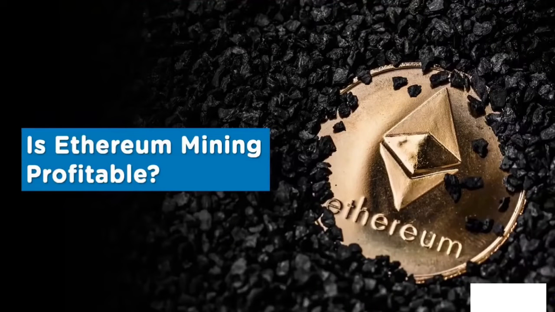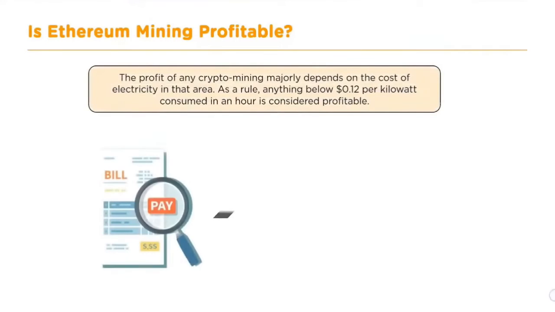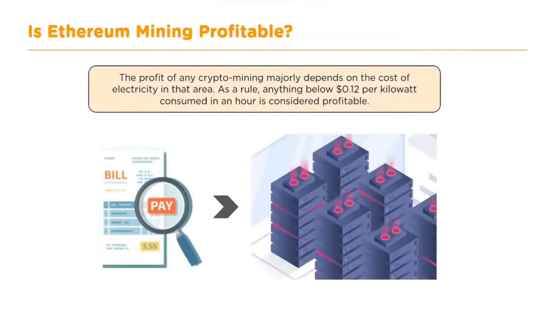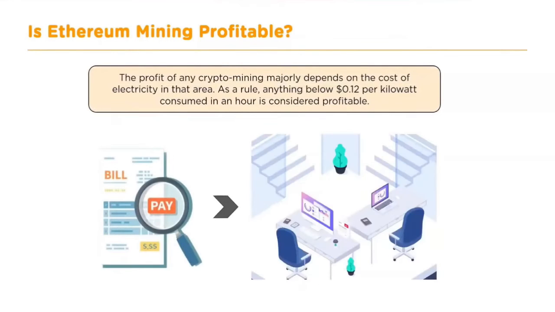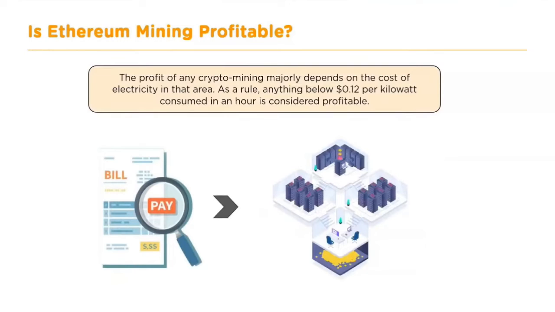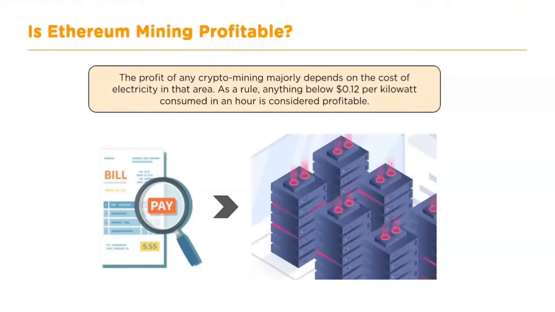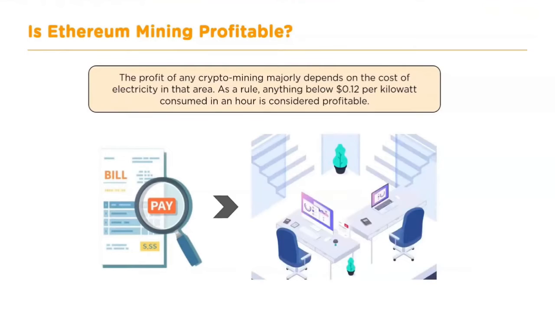Now, when we know all about Ethereum mining, this makes me wonder if Ethereum mining is profitable. The profit of any crypto mining majorly depends on the cost of electricity in that particular area. As a rule, anything below $0.12 per kilowatt consumed in an hour is considered profitable.